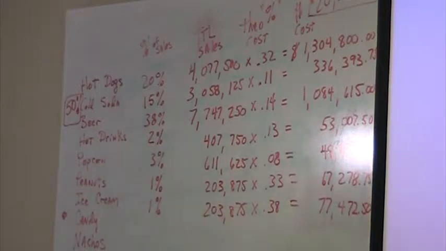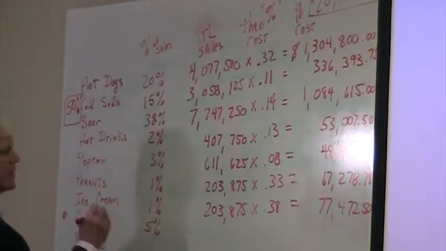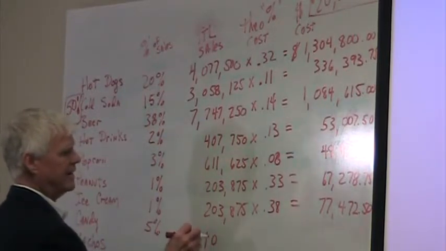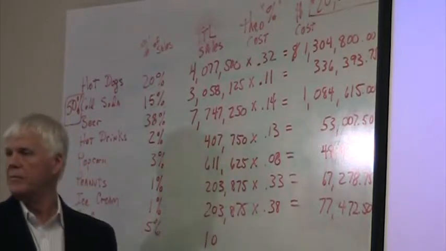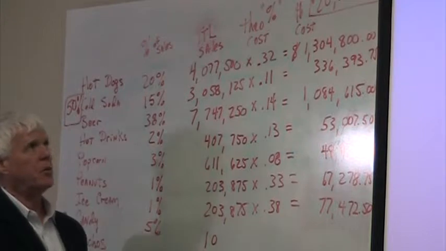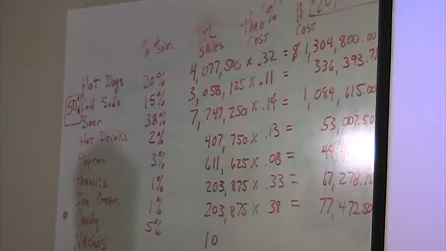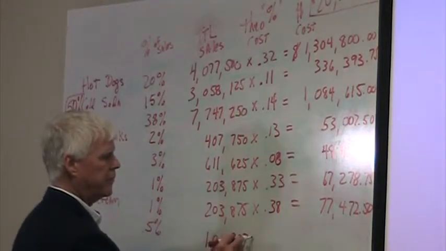Candy turns out to be 0.5%. So it looks like it's going to be 101,000. Is that right? What's 0.5% of 20 million? $101,937.50.